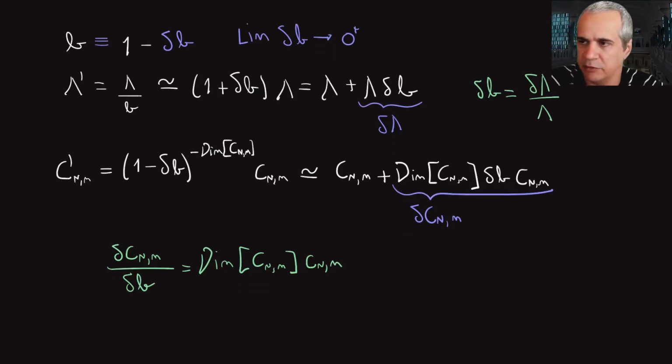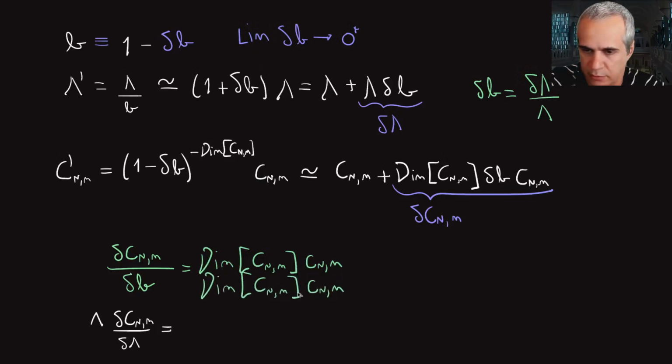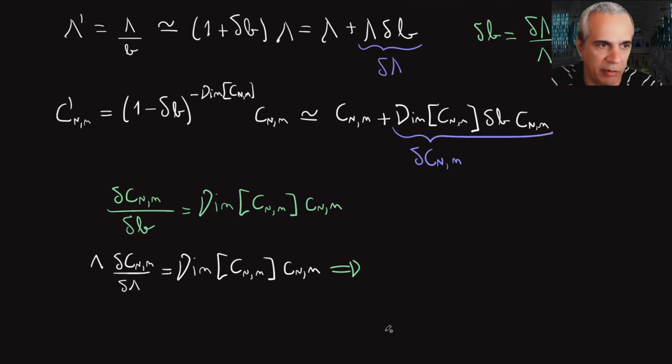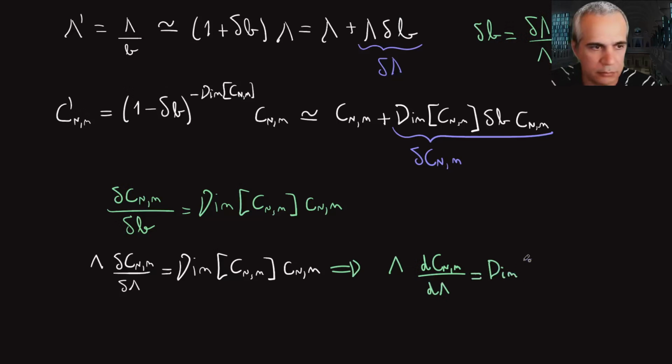This becomes just lambda delta C_nm over delta lambda is equal to this, which immediately gives the differential equation I wanted, which is that lambda dC_nm over d lambda, now really taking the limit, is equal to the dimension of C_nm times C_nm, right?